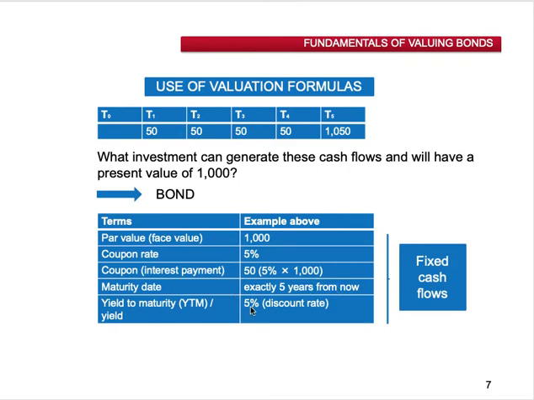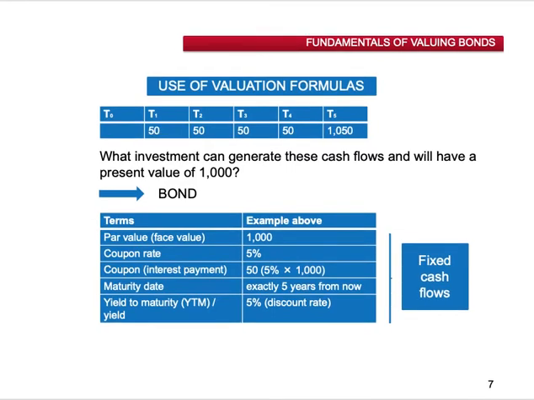Okay? The maturity date of the underlying bond is exactly 5 years from now, and the yield to maturity in the market is 5%. In contrast to the previous example, here we have a bond that actually pays out intermediate payments of 50 per year, which is equivalent to the coupon payment. So T0 is today. The first payment is going to be at T1 and the last payment is going to be at T5.